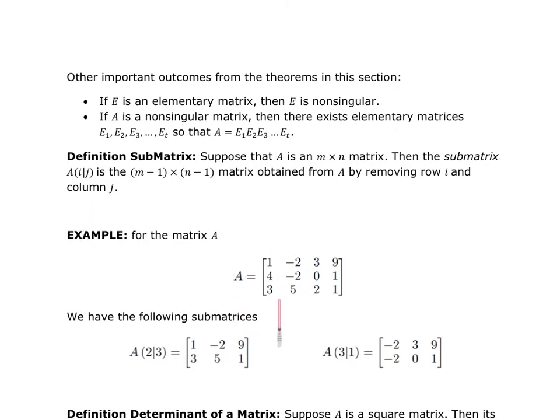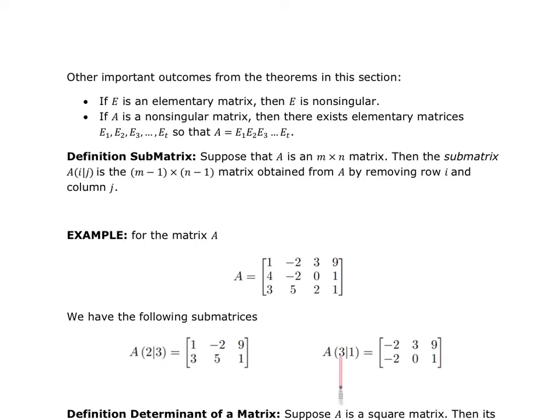So in this case, we notice that we have removed the second row. That's what that notation is. So I removed the second row here, and that's how come I've got the 1 and the 3 and the 2, -2 and the 5. And I also removed the third column. So that's what the notation is. So I remove row 2 and column 3.